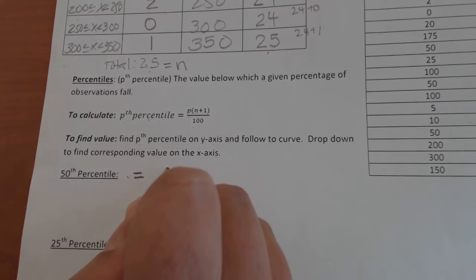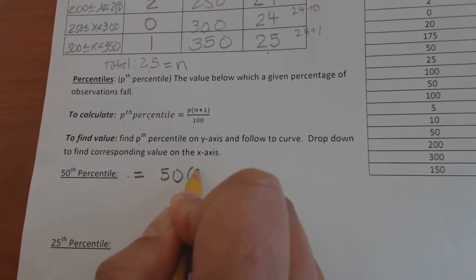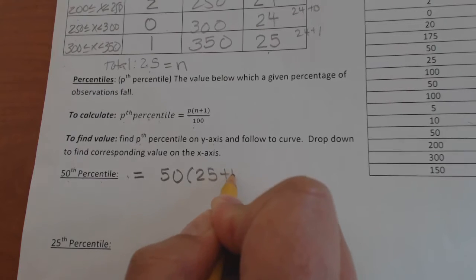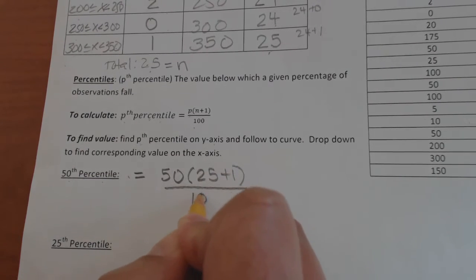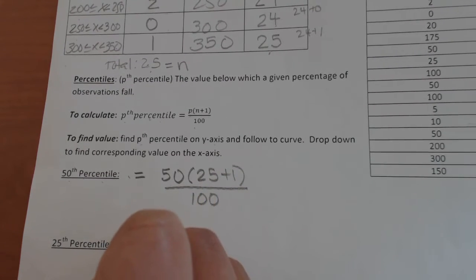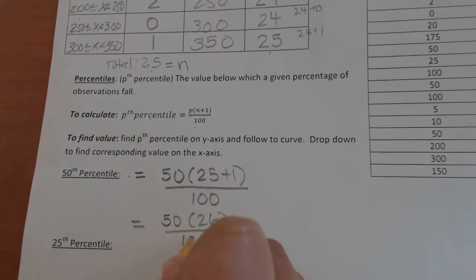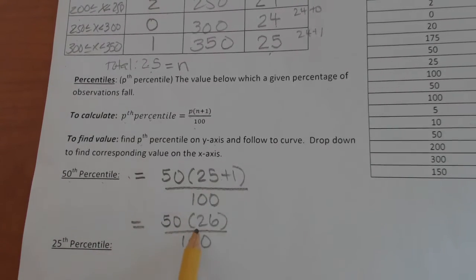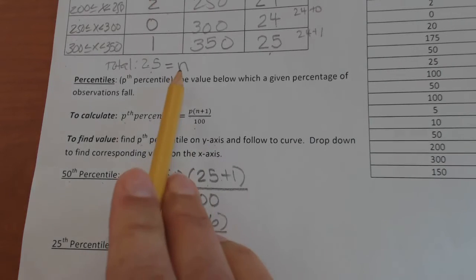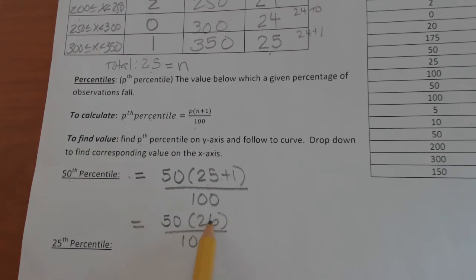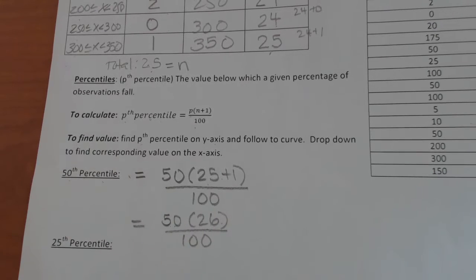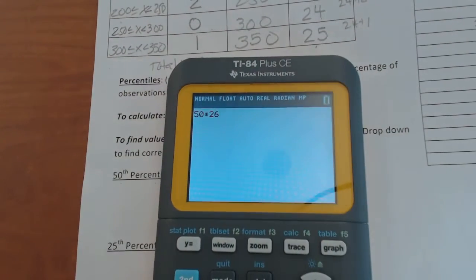So that equals p, which is 50, times n, which is 25, plus 1, all over 100. To do this, I would encourage you to do it in a couple steps. First, add the 25, remember I got from the number of observations, and 1 to get 26. Multiply these first. On your calculator, 25 times 26.